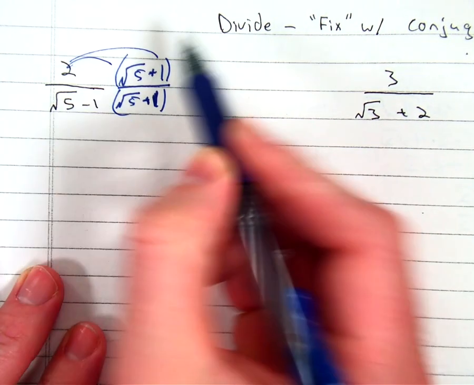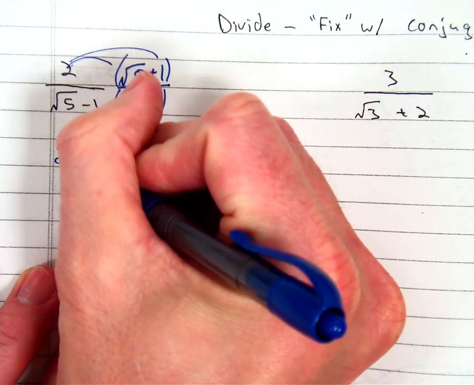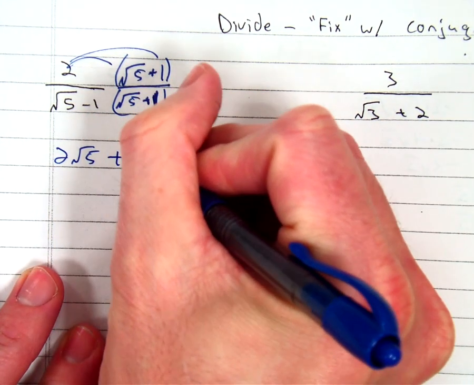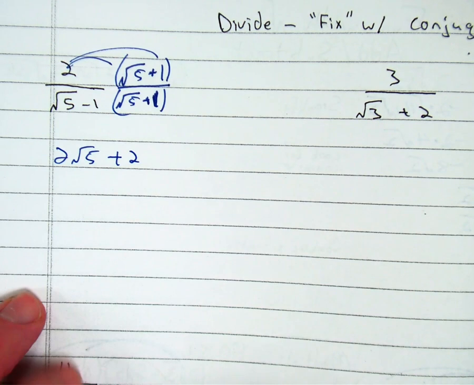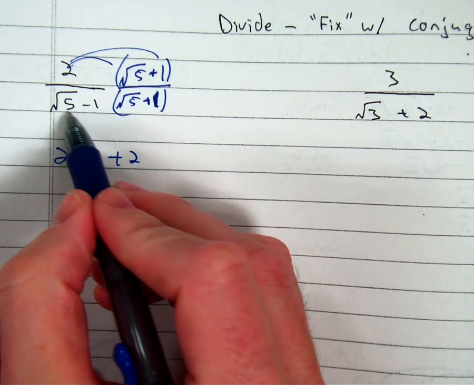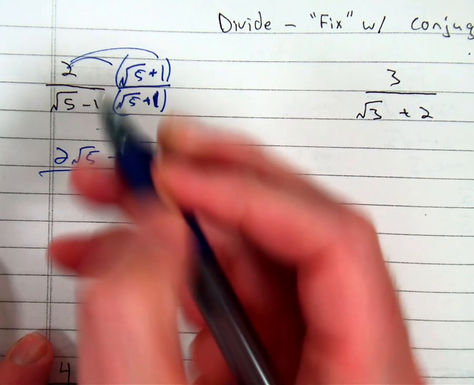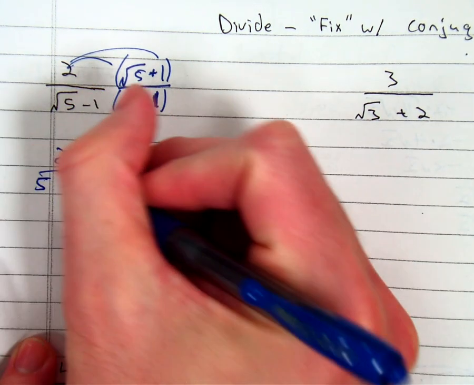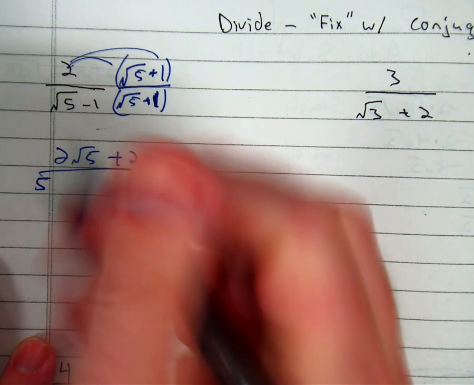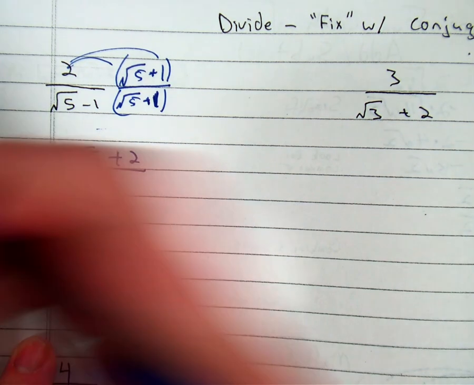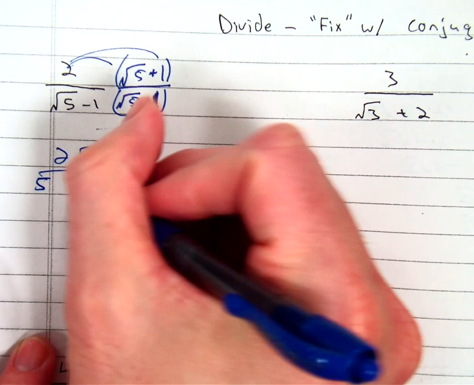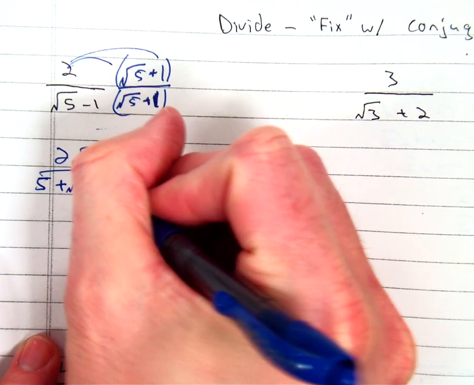Okay, the top's usually not that big of a deal, not that bad. 2 radical 5 plus 2. Okay, and then going across the bottom, radical 5 times radical 5. We're going to call it regular 5 this time. Skip that step of square root of 25. Okay, now this is why we use the opposite sign. Watch this. Radical 5 times 1 plus radical 5.